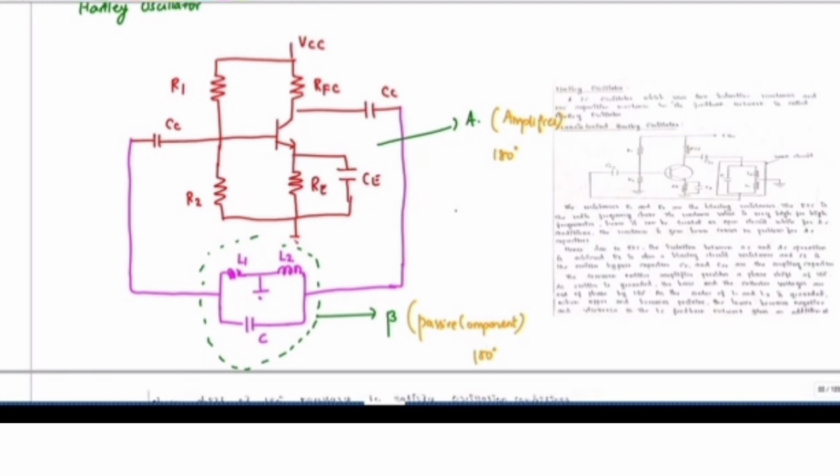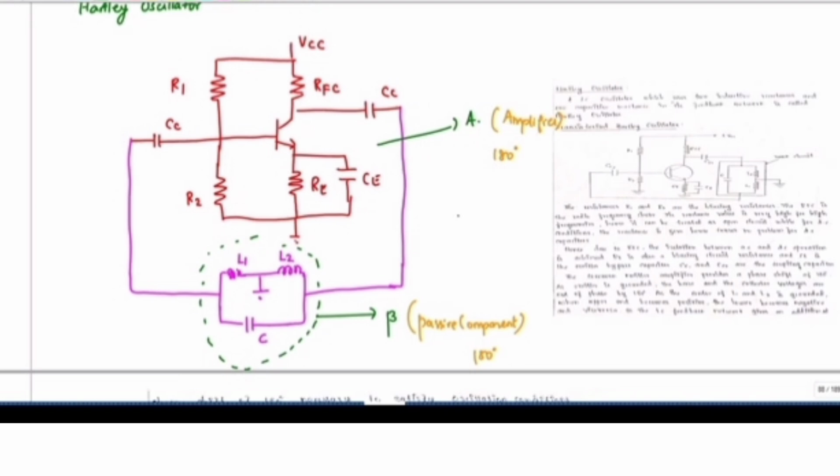So what are the key features of this oscillator? It produces a sinusoidal waveform and it uses an LC tuned circuit, and we can vary the frequency by changing the values of L and C. It is mainly used in radio frequency generation.